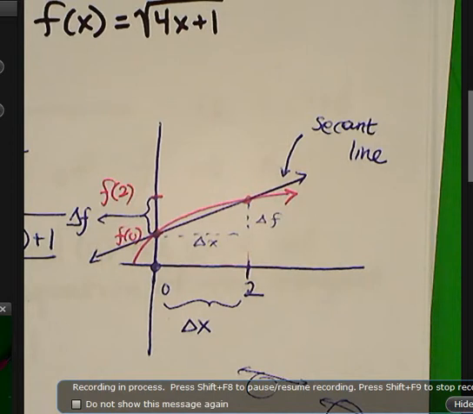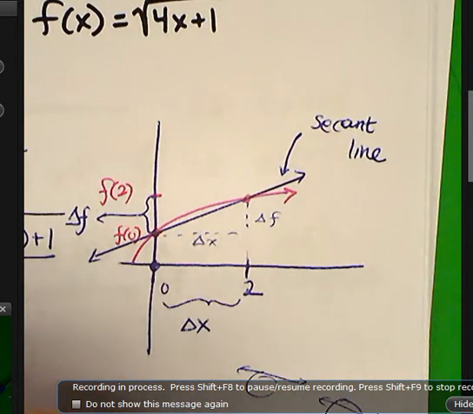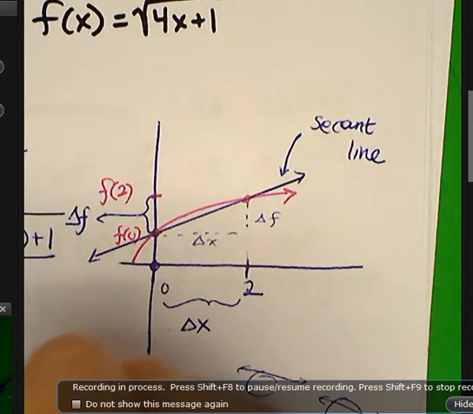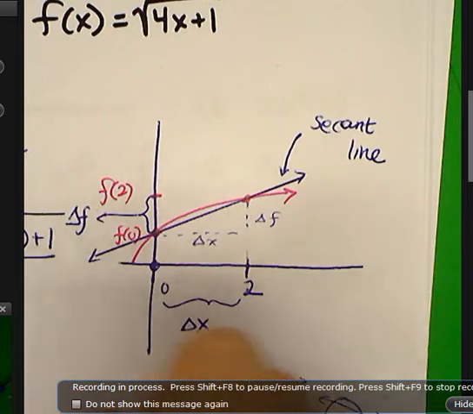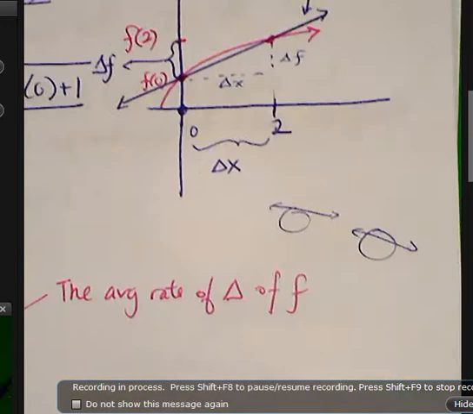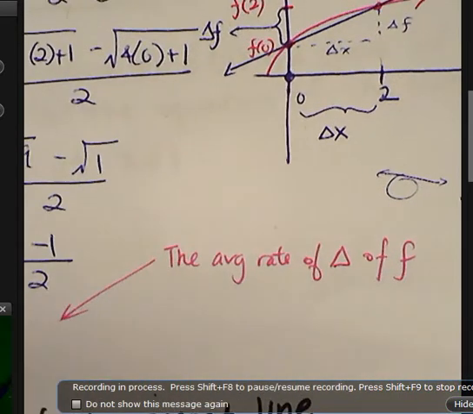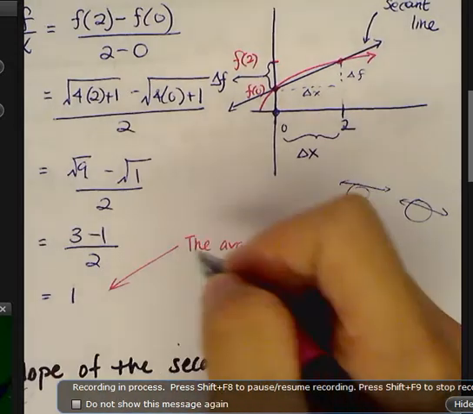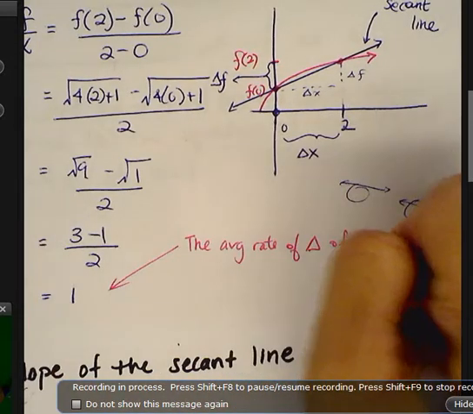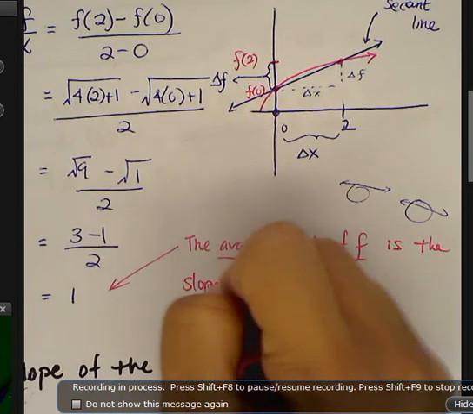So what we can say is, the average rate of change of f is the slope of the secant line.